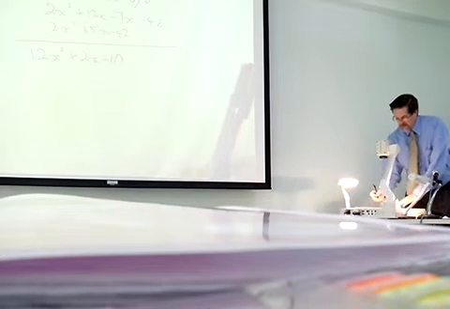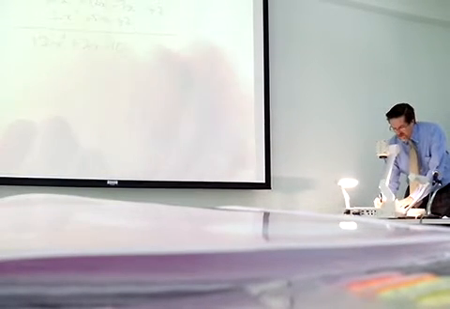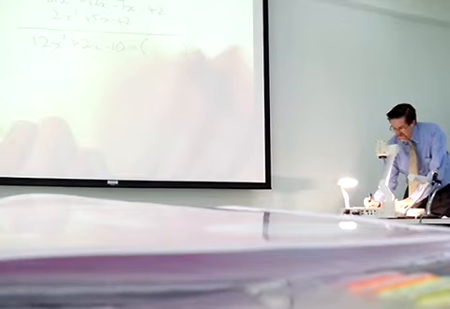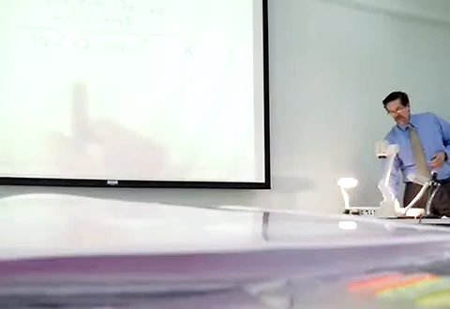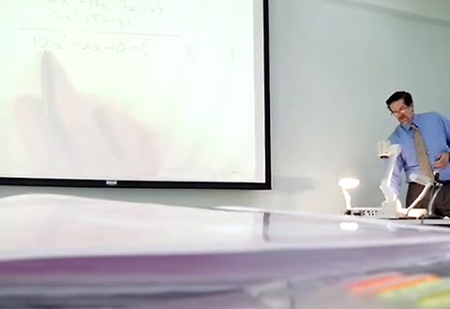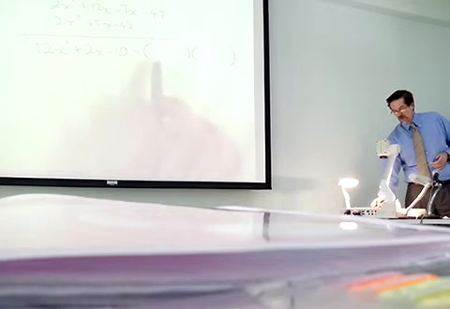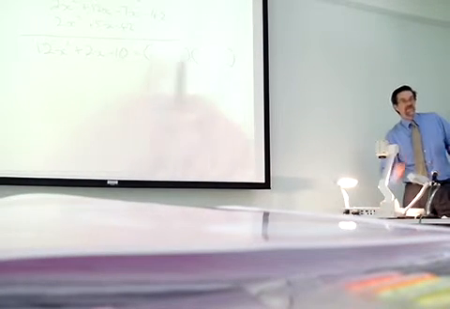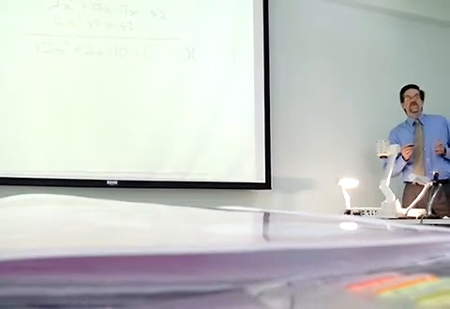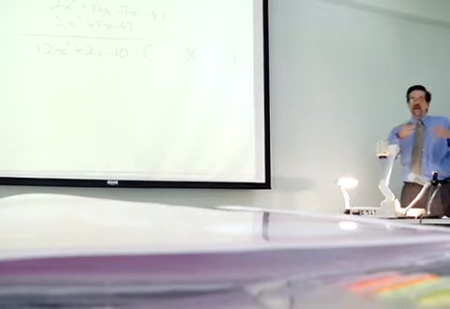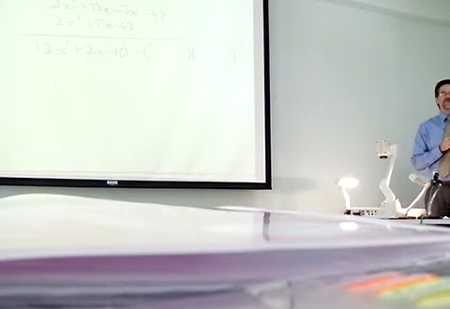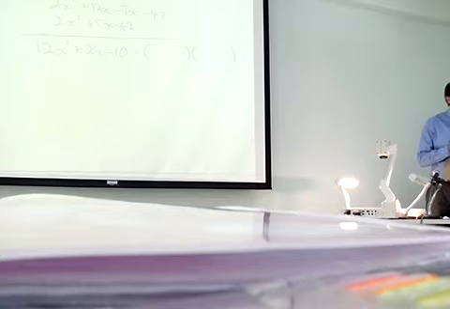All right, what possibilities do we have? This one is a little bit more difficult, because the 12x squared, you could write that many different ways. So we have to look at all the possibilities and see if we can find one that works.